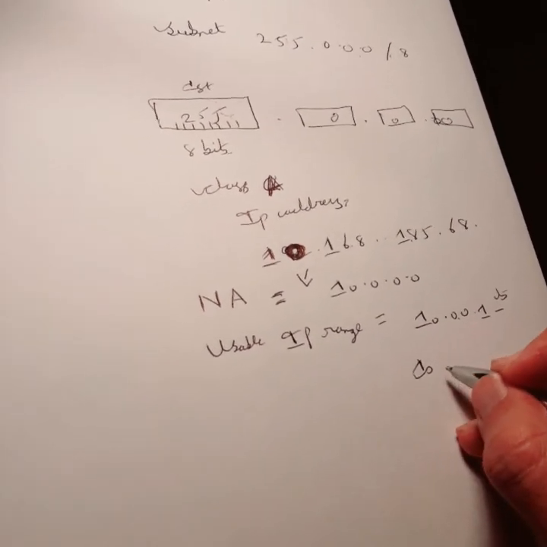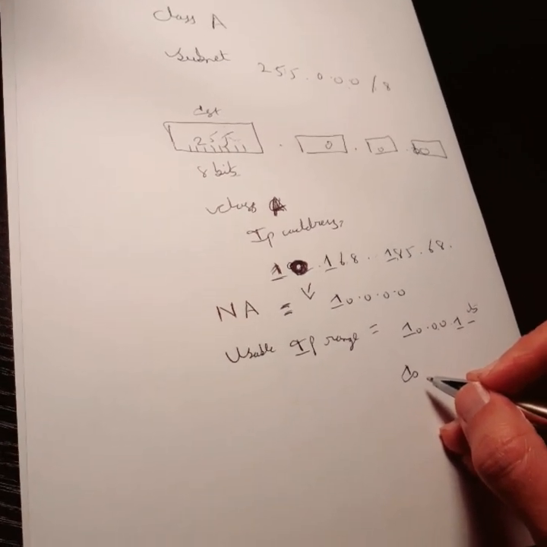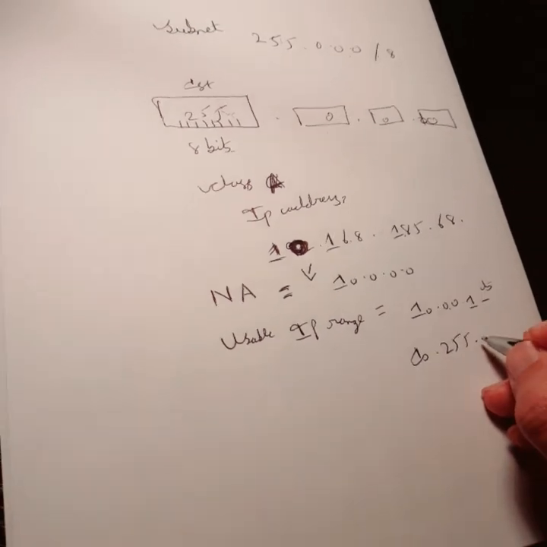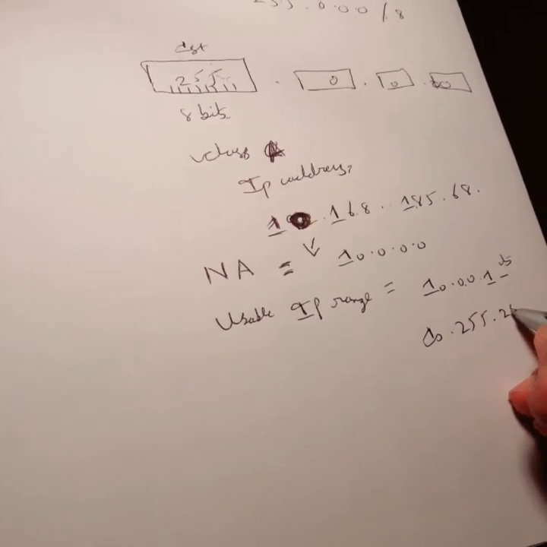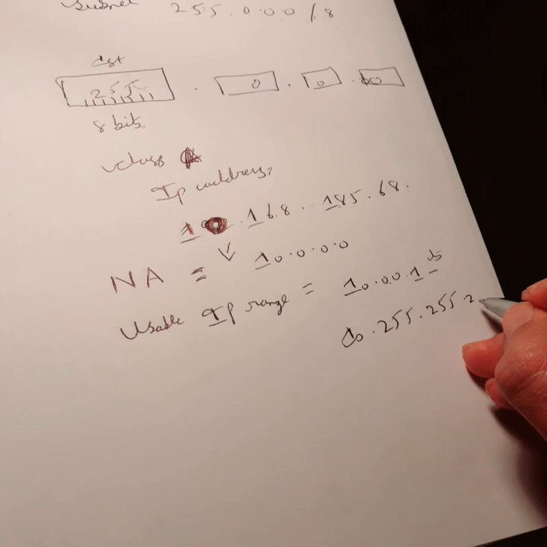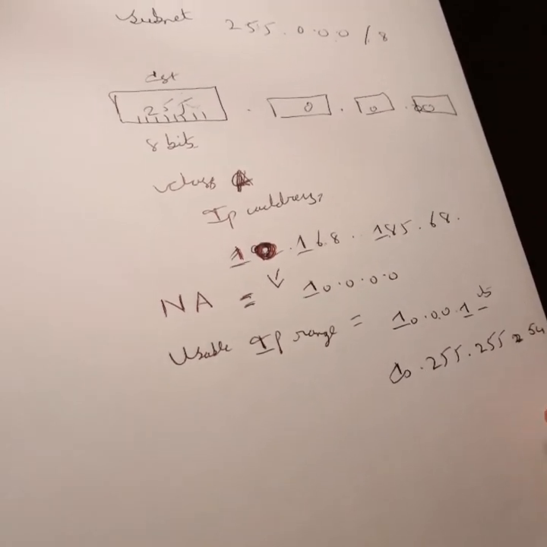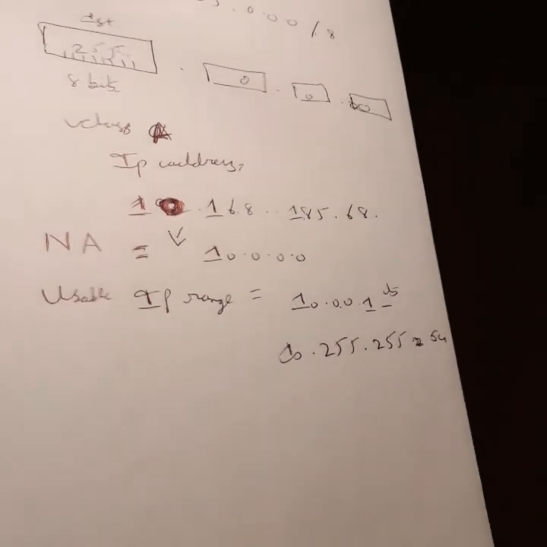These are the IP addresses a network engineer can use. So don't get confused and mix and match it. That's the usable IP range.